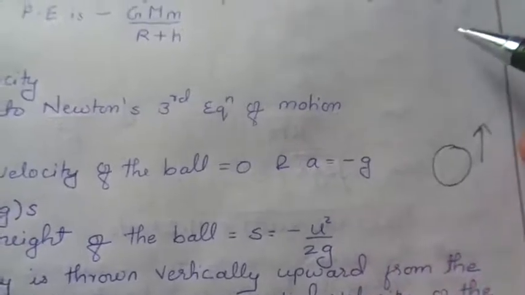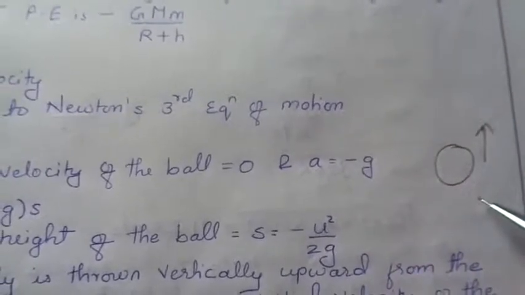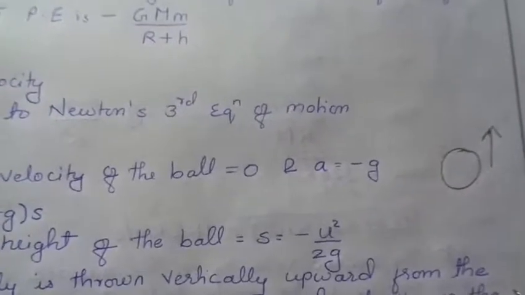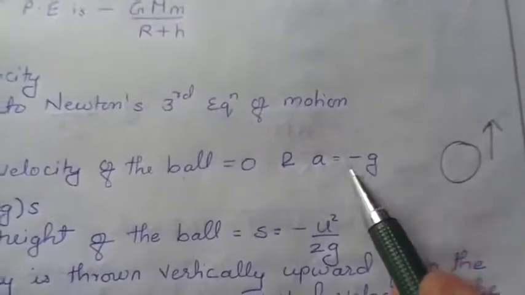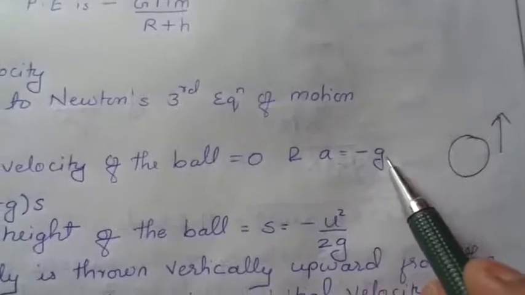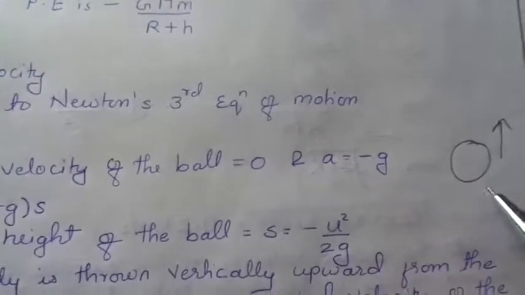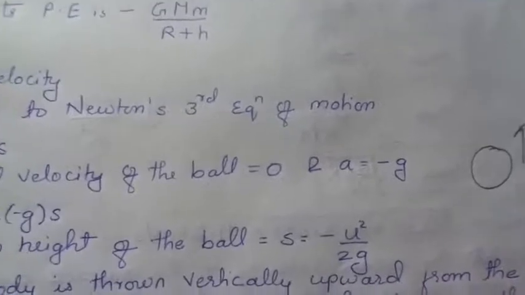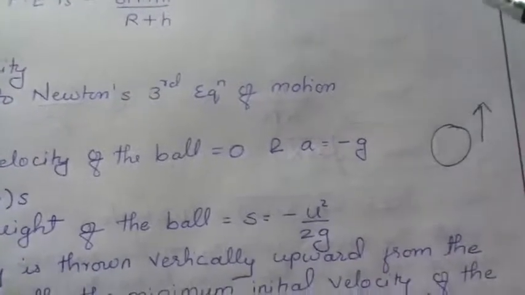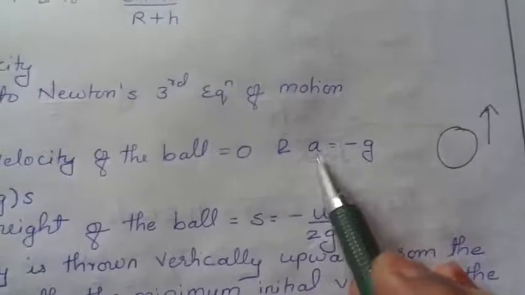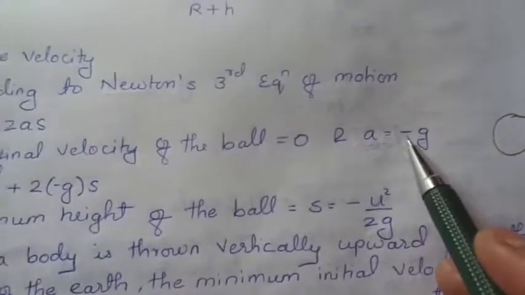If the ball is falling in the downward direction and the gravitational force is also pulling it downward, then a will be g. So you have to keep in mind which problem you have been asked, whether the ball is thrown upward or it is coming downward. In that sense, you will take a as g or minus g.